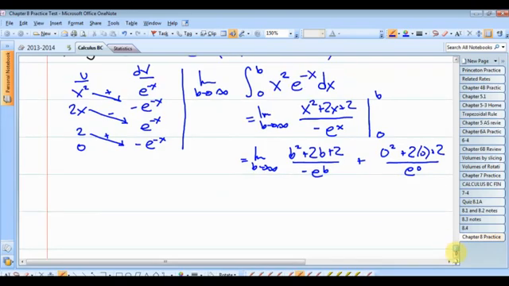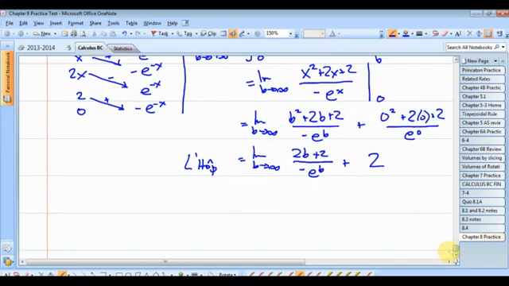Okay, this is great. Let's talk about this limit. It's minus. It's infinity over infinity, is it not? L'Hopital? That's 2b plus 2 over negative e to the b plus 2. Okay, this is still infinity over infinity, right?